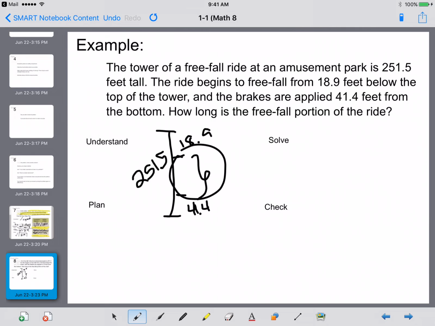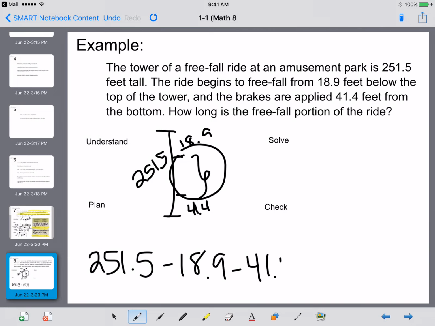So to figure out this missing piece here, I know I want to take our initial height and then take away the 2 areas that we already know to figure out what the missing area is. So we're going to take that minus our top area and then minus our bottom area. There's my plan. That's how I'm going to solve it.